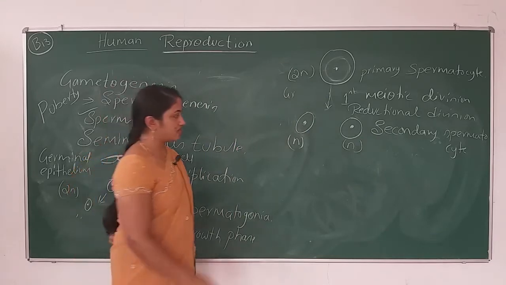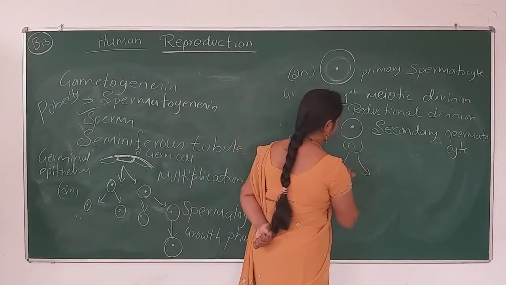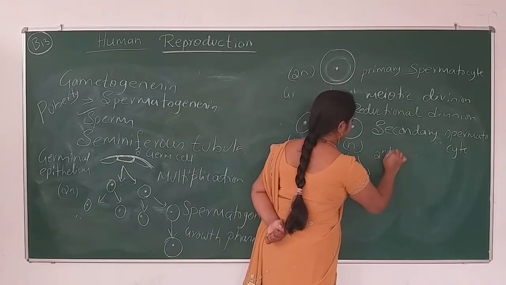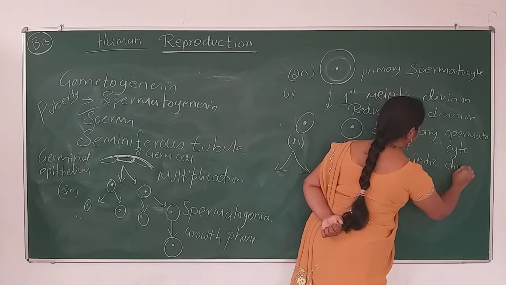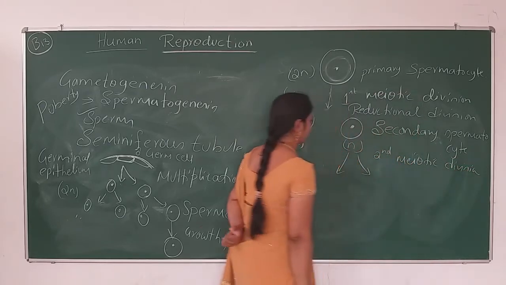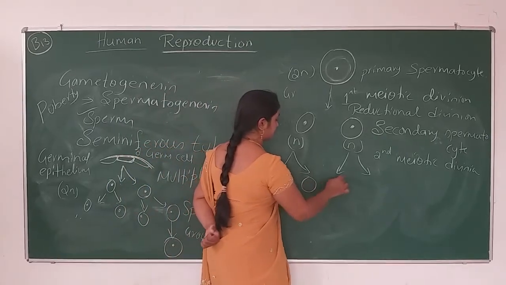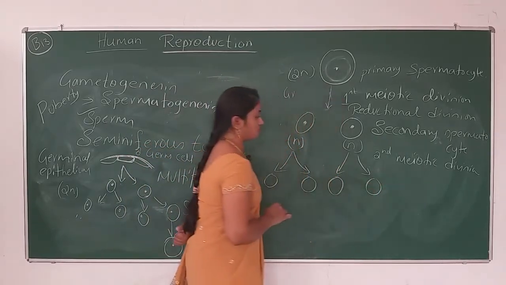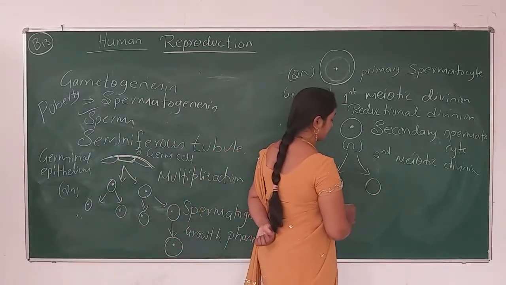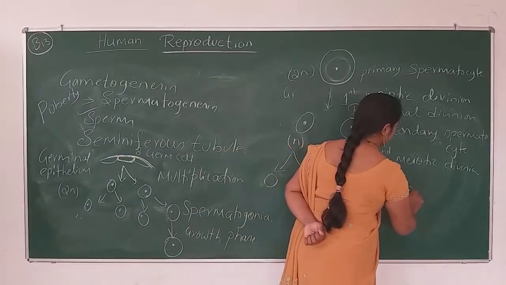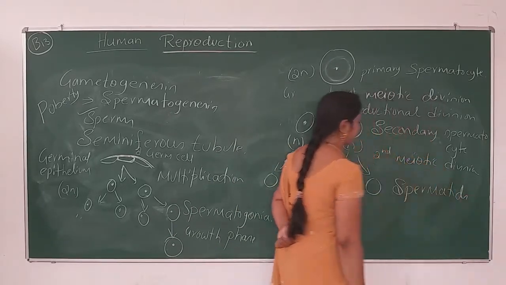Now this secondary spermatocyte again takes the second meiotic division. When it does, the resultant cells will be 4. We call these spermatids.